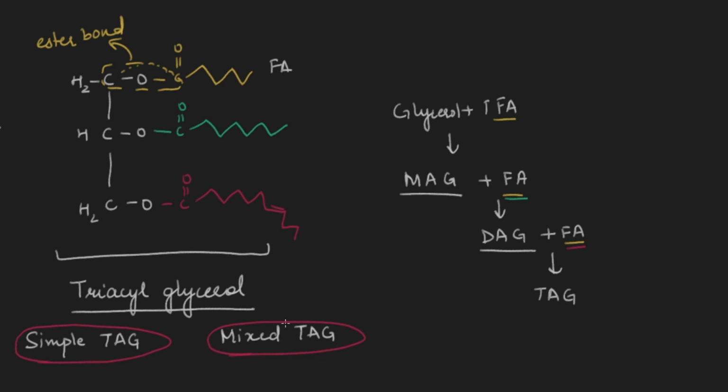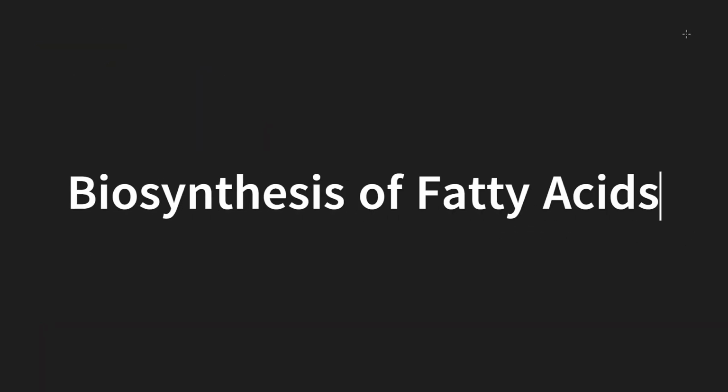This is a simplified way of formation of ester bonds between glycerol and fatty acids. How the biosynthesis actually occurs is a very different process. Triacylglycerol biosynthesis in our body occurs through many different pathways.